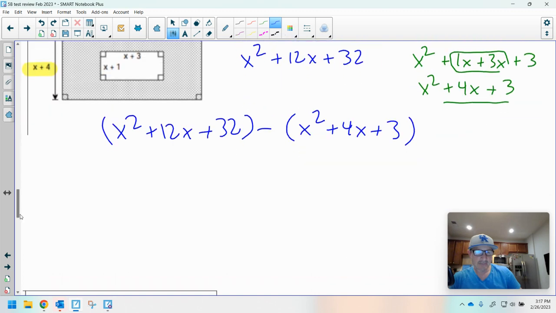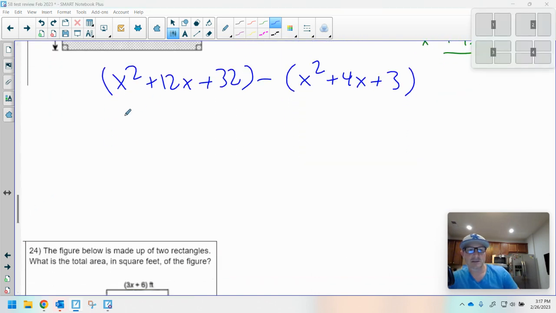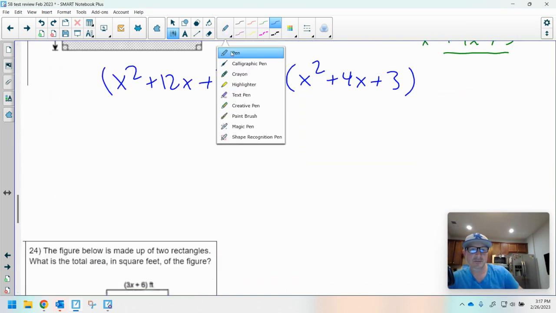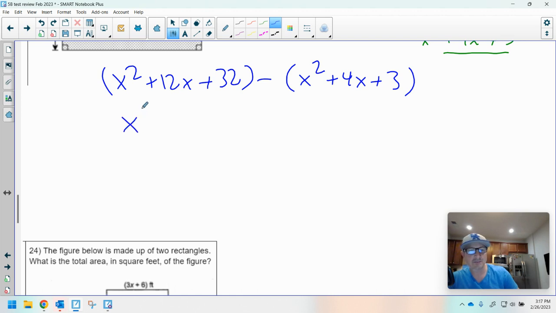Column time. I'm going to rewrite this so I can do it in my columns. I know it's a lot of rewriting, but that's what I like to do sometimes. We have a minus, but we're going to turn it into a plus. And we have this positive x squared, we're going to do minus x squared. We have this positive 4x, we're going to do minus 4x. We have this positive 3, minus 3.